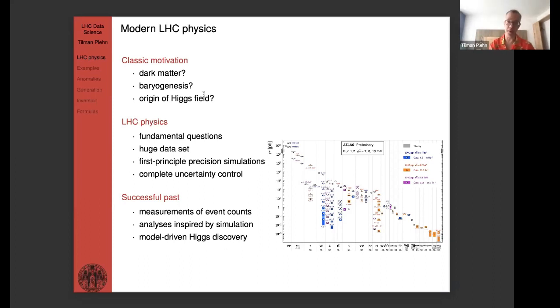Our big discoveries, including the Higgs boson, tend to be driven by our understanding of the underlying physics models, which guides us to classical motivating questions like dark matter. So this is model-driven research. The problem is that at the LHC everybody had great hopes, including me. You heard I'm an old SUSY guy. We hoped to discover new physics, and well, we didn't until now. That's the problem we have to deal with.